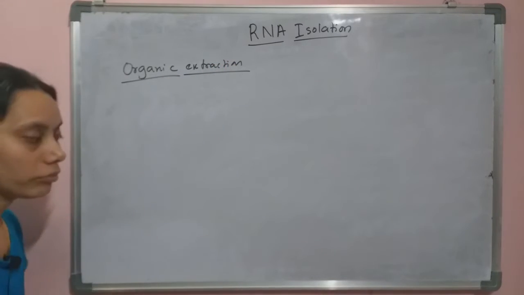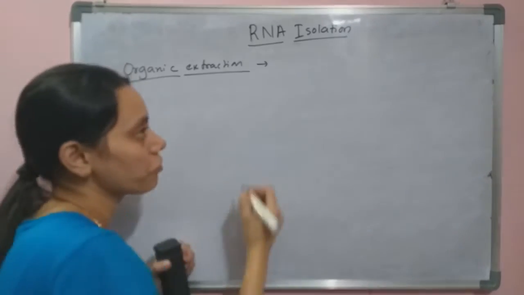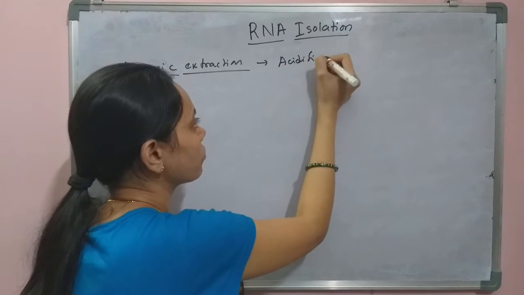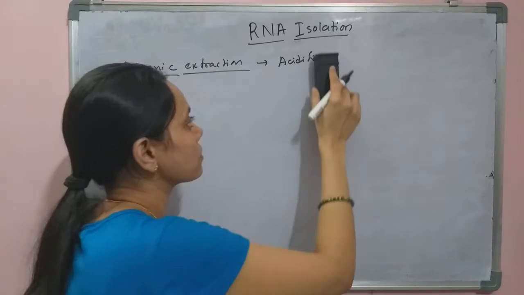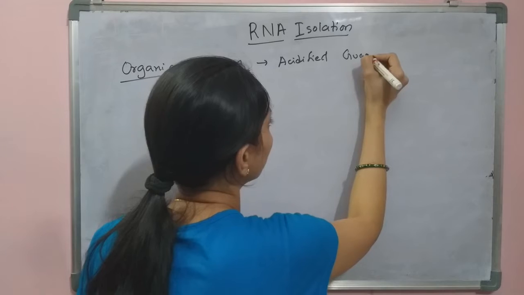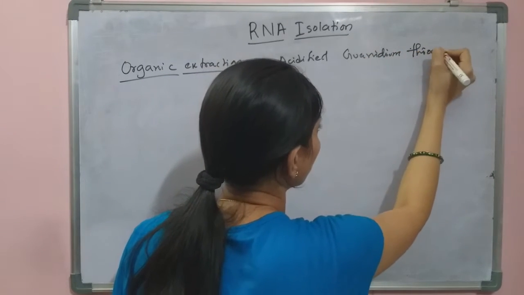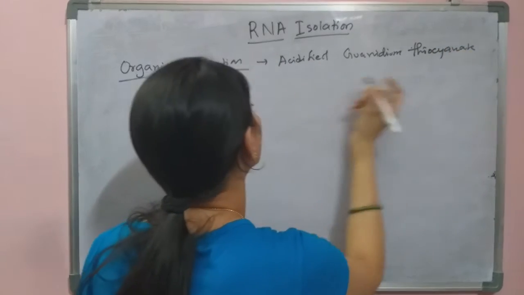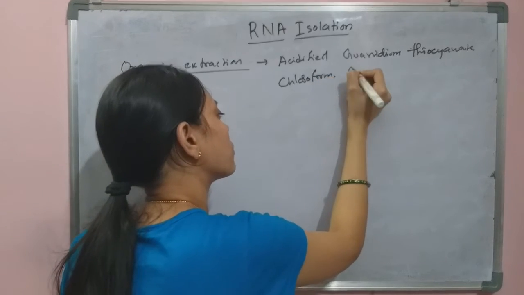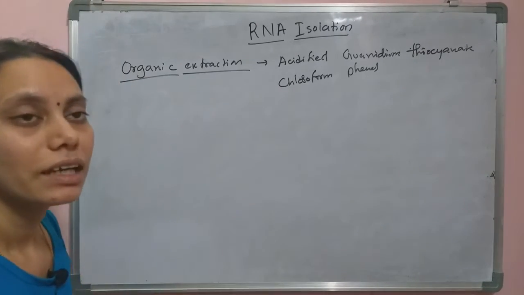Basically, the organic extraction method deals with the use of organic solvents like acidified guanidinium thiocyanate, chloroform, phenol. These are the major components of this reagent.